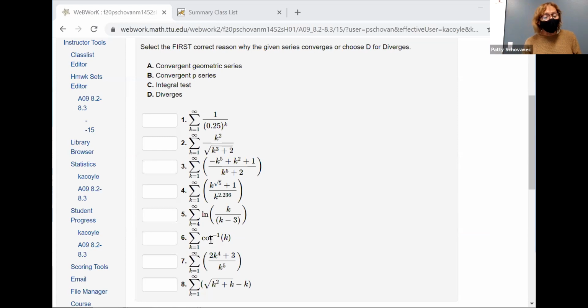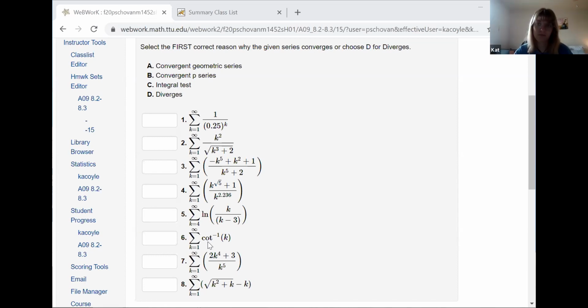An inverse cotangent. Oh gosh. An inverse cotangent is very similar to an inverse tangent. Cotangent itself is cosine over sine, and so it has vertical asymptotes where the sine is 0, and that's at 0 and pi. The inverse cotangent takes the vertical asymptotes and makes them horizontal asymptotes.